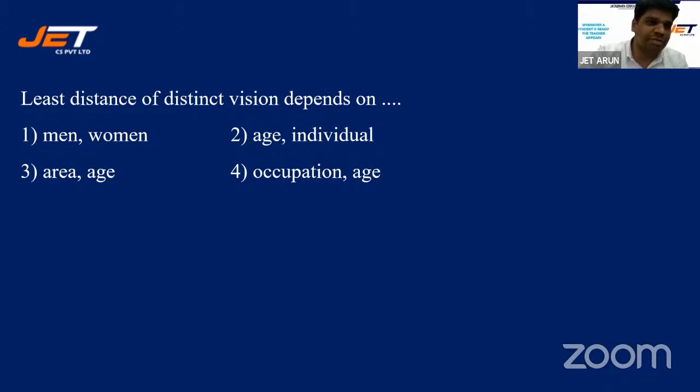Okay. Students, it definitely doesn't depend on area, right? No matter where you live, the least distance of distinct vision of an average human eye will be the same. It depends on each individual, right? All right, let's look at the next one.